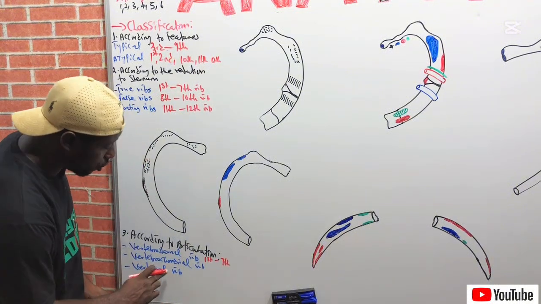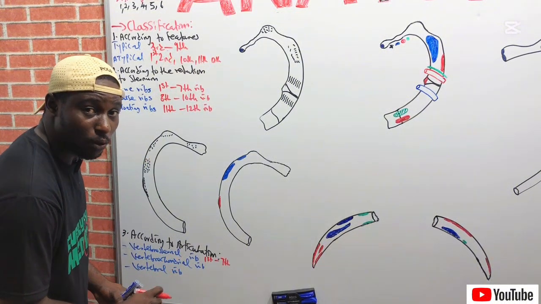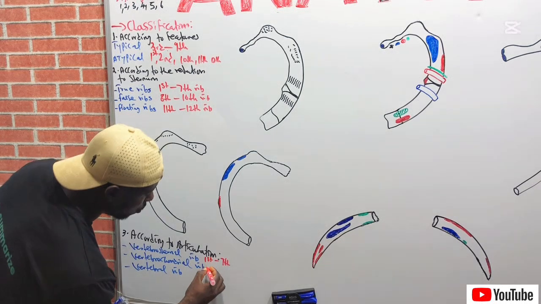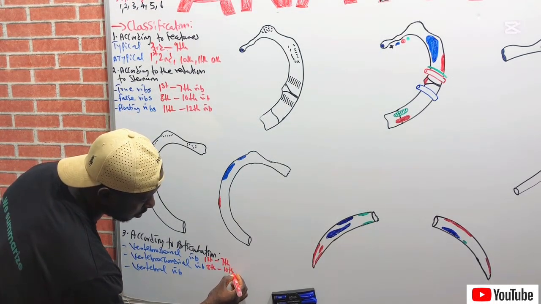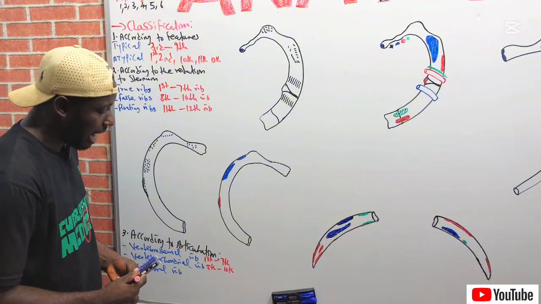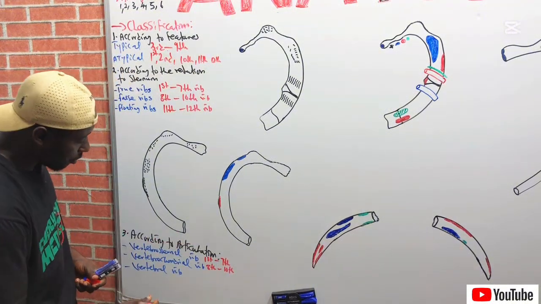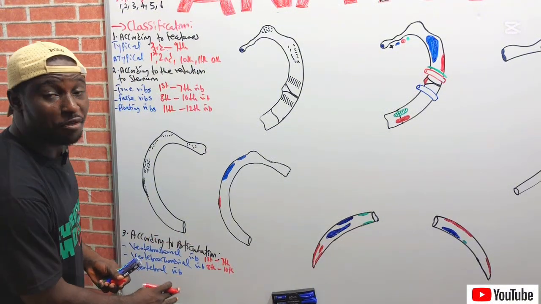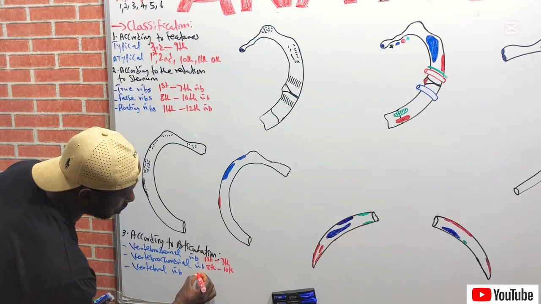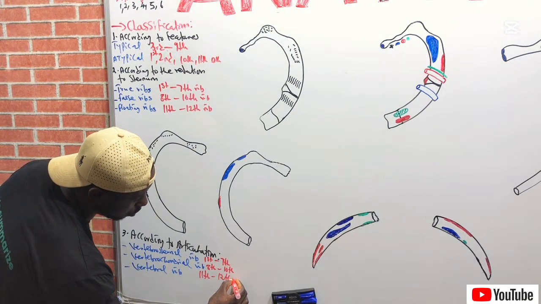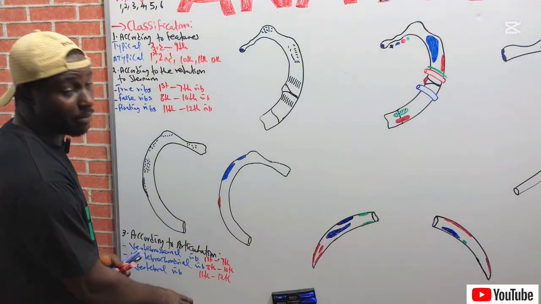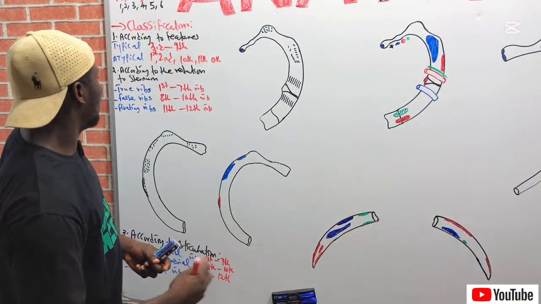While vertebrochondral ribs are the false ribs, which are the 8th to 10th rib. Now, the vertebral ribs are the floating ribs, which are the 11th to 12th rib. So this is how they are fashioned.